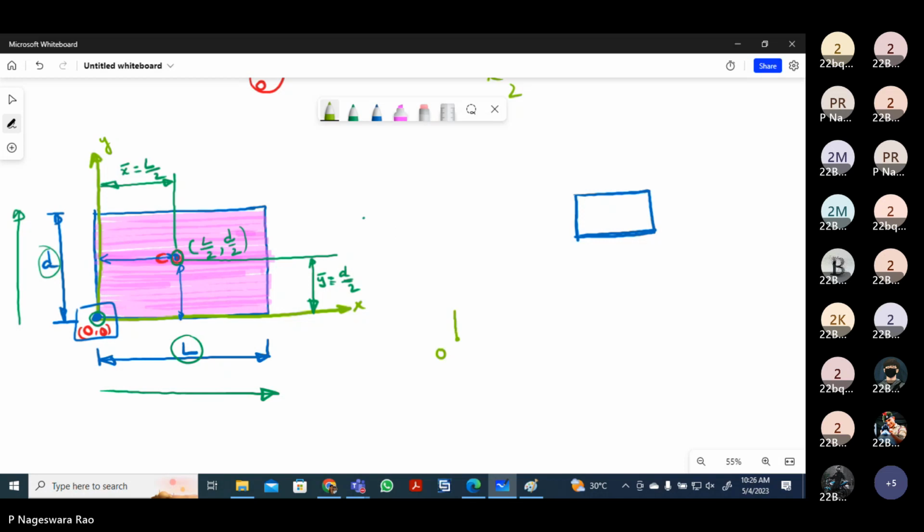For example, this is the y-axis, and this is the x-axis.